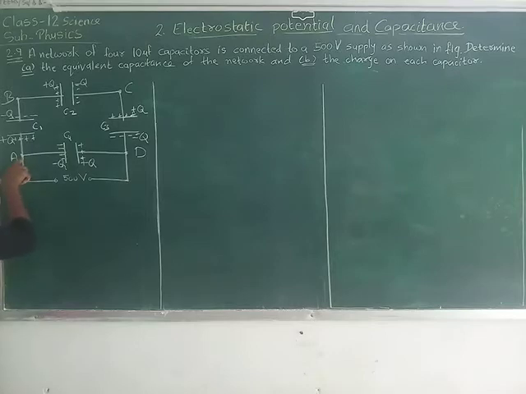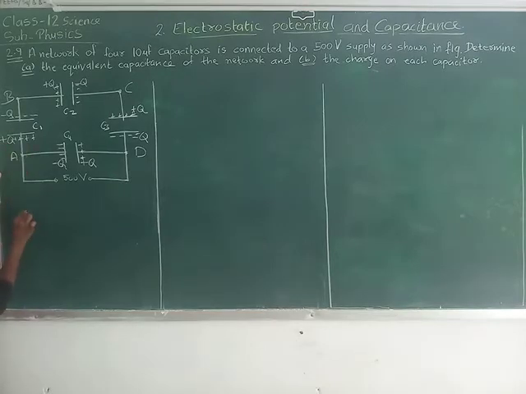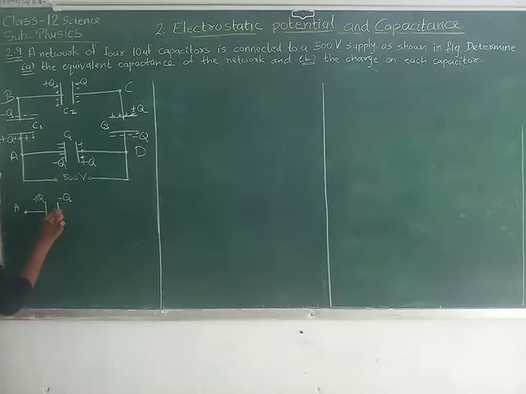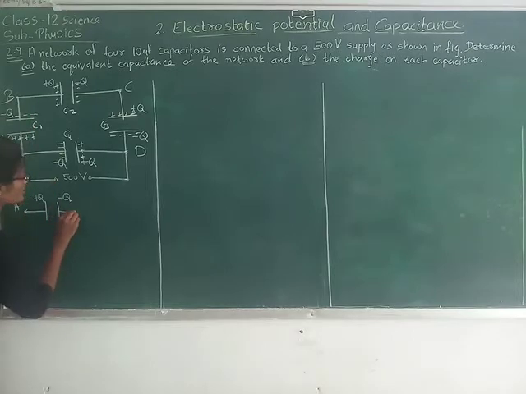Right? What we are having here, let us start from this point A. From point A, we are having one capacitor like this. Over here plus Q charge near point A. So plus Q, here it is minus Q. Then this plate of the capacitor is connected to point D, right?